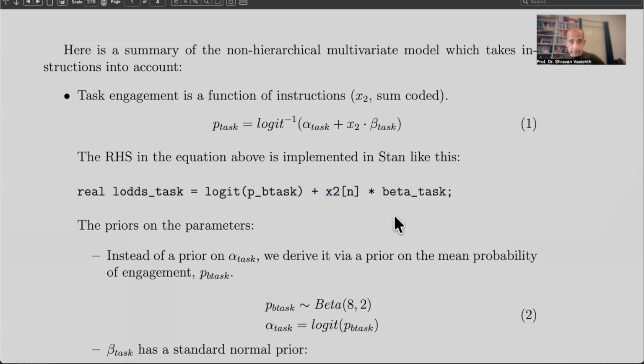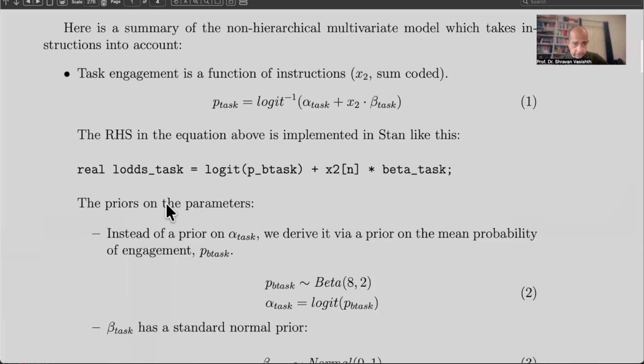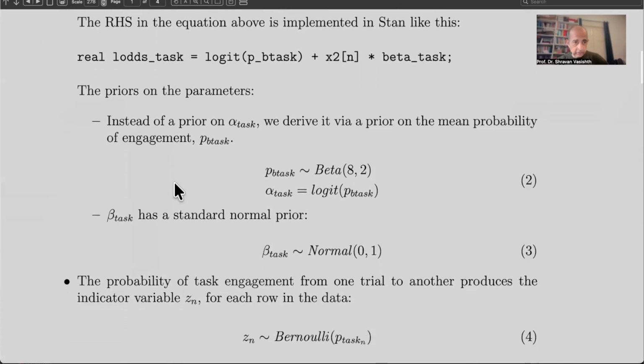Okay, so that will determine what the log odds are, and that will then determine the log odds of task engagement. So that will be created in the Stan code. So this is going to come up again in a moment.